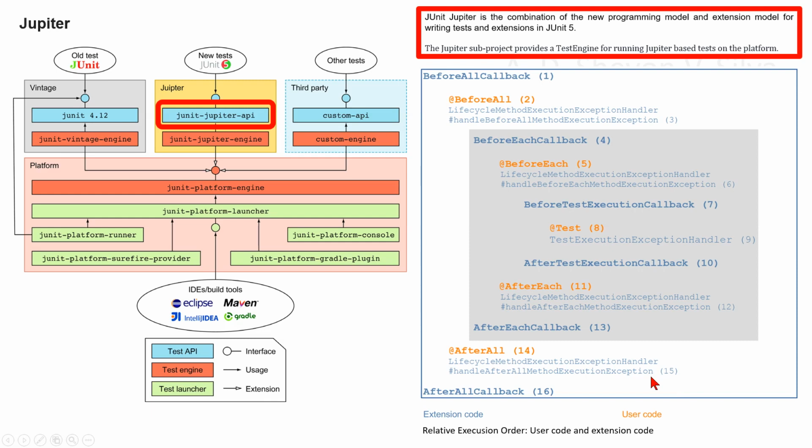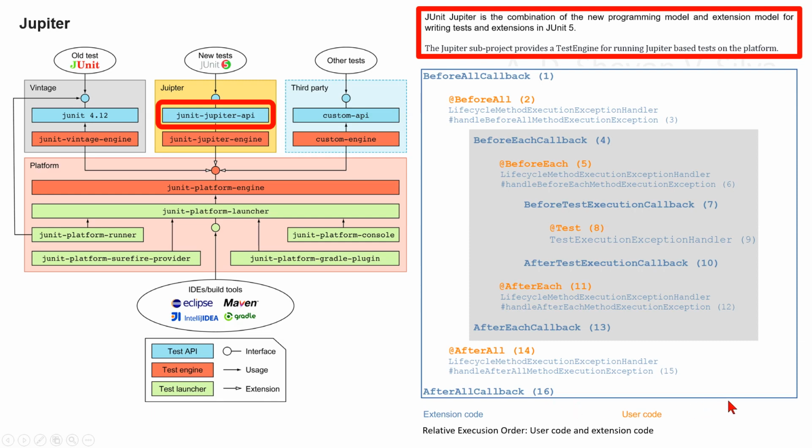Extension code for handling exceptions thrown from the @AfterAll methods. 16, interface org.junit.jupyter.api.extension.AfterAllCallback: extension code executed after all tests of the container are executed.